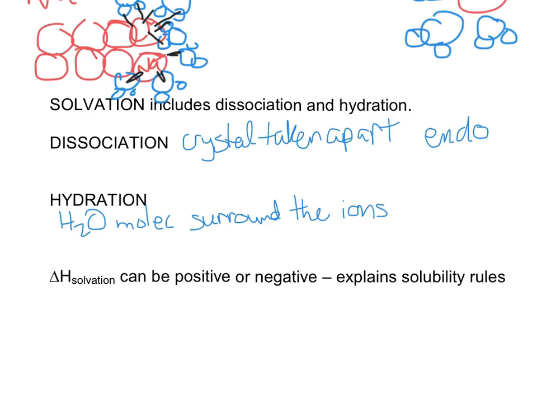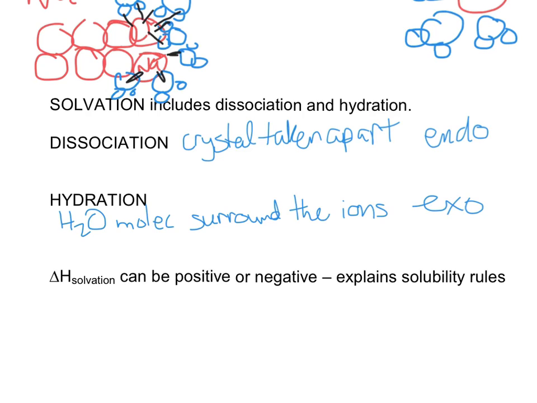And so that is exothermic, because you've got attraction, like we just saw between the water and the ions, whether it's the positive ion with the oxygen end or the negative ion with the hydrogen end. You've got attraction. And so surrounding the ions with water would be exothermic.